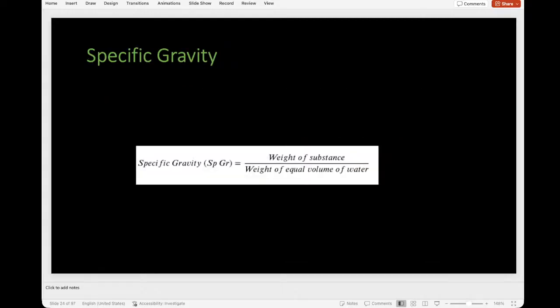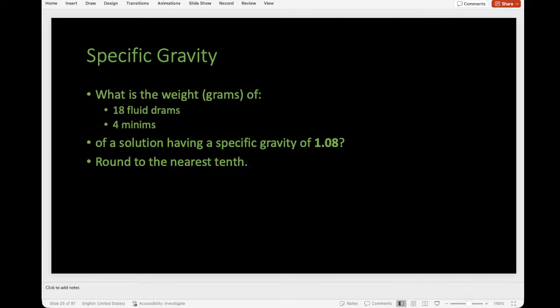Specific gravity is equal to the weight of a substance over the weight of an equal volume of water. And so it's very important to understand this concept as well. You may see questions on that.